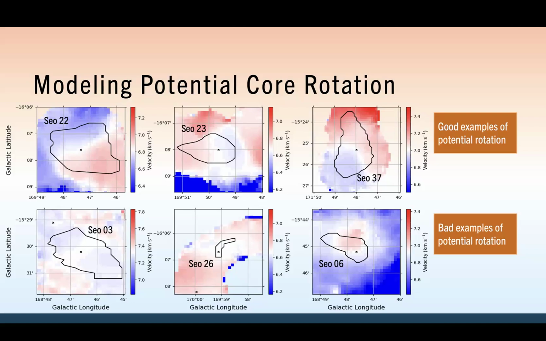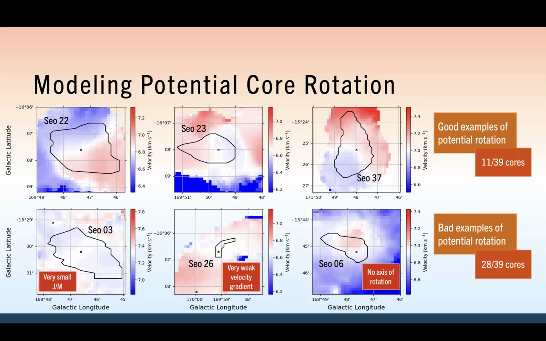Here, this one I like to think of as being kind of like a butterfly where you have a spine and 2 bluer wings. But this is how it breaks down. So we have roughly 11 cores that are good examples of potential rotation and 28 of the 39 that are likely not rotating. Some of them have very small specific angular momentum, a very weak velocity gradient, or no real axis of rotation.